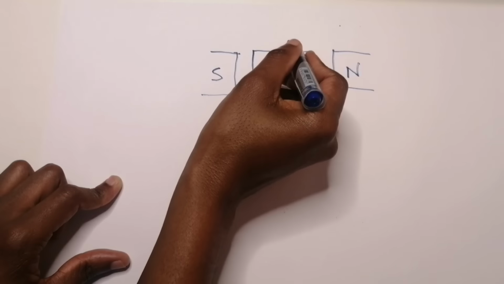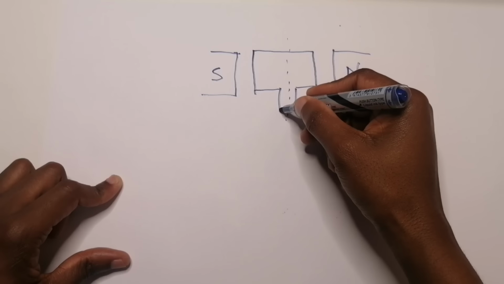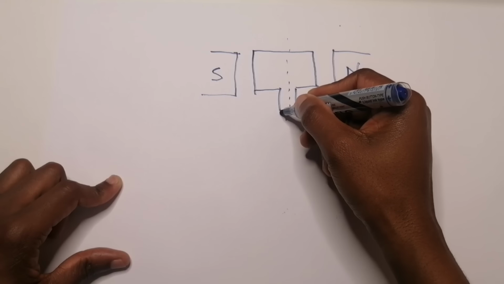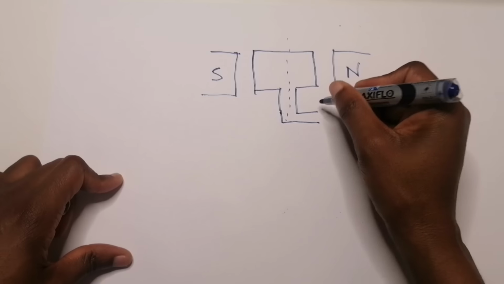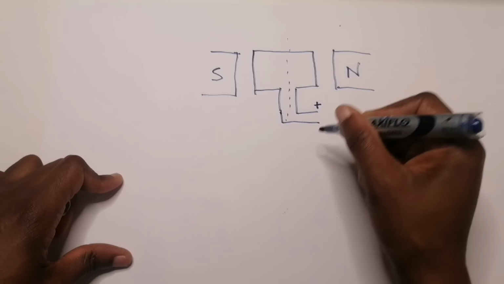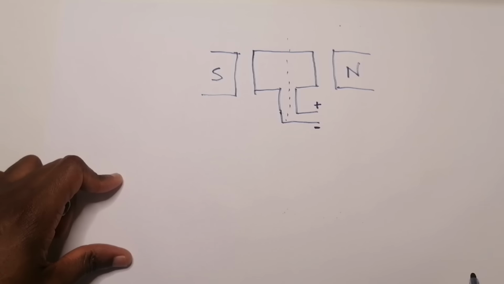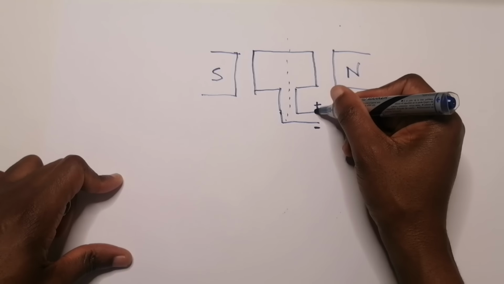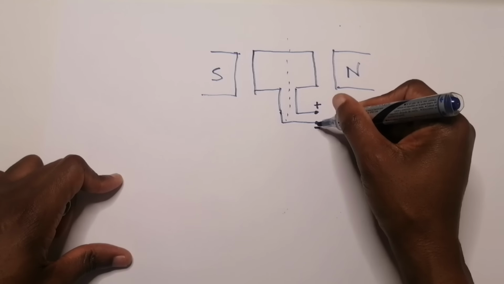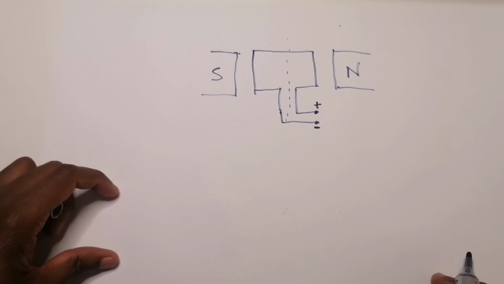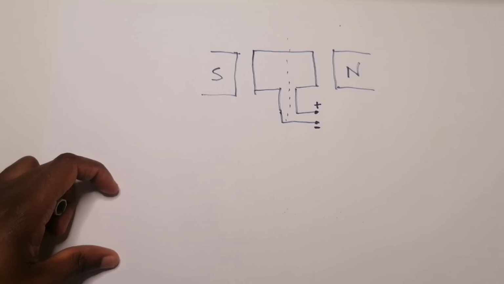Now, with a motor, what you probably will have is that we are going to tell you, remember, a motor is connected to a battery. Let's say this is the positive side and this is the negative side. So if I connect it to a battery, already what have I given you? I've given you the direction of the current.